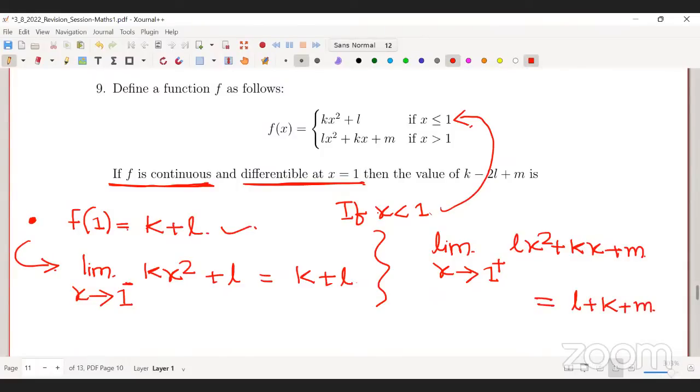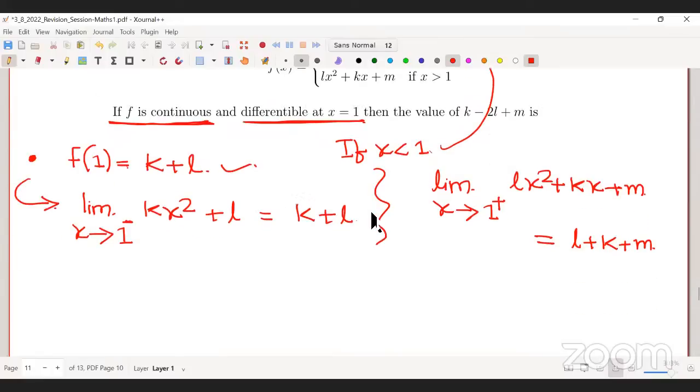So what I want is for this function to be continuous, right? For that, this limit should be equal to this limit, and that is equal to f of 1.